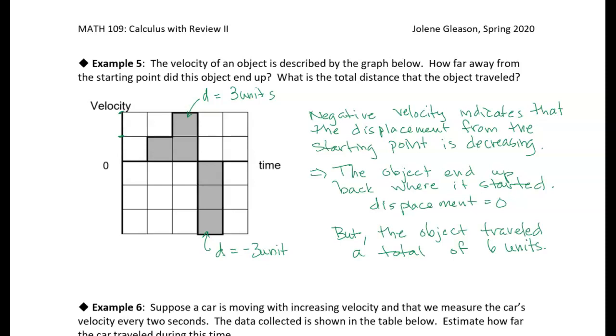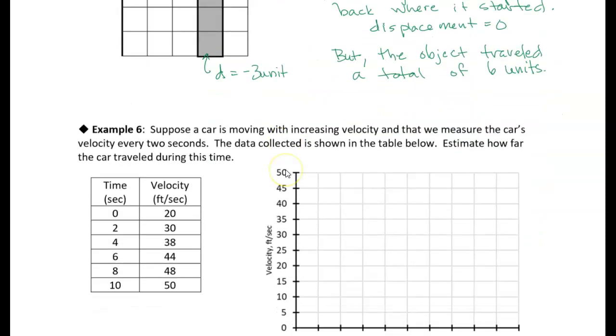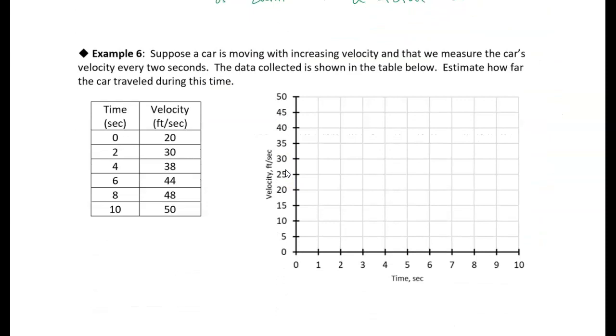Okay. So, all right. Now we're getting into the meat of it here. Let's see if I can get that oriented the way I want it. All right, so we've established the idea that the distance is the area under the velocity curve.